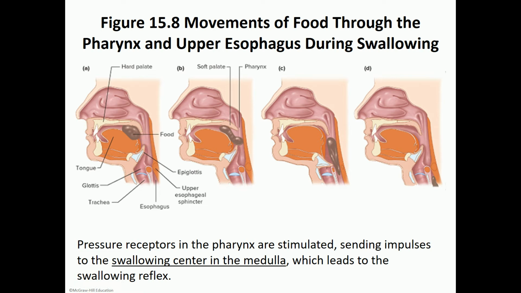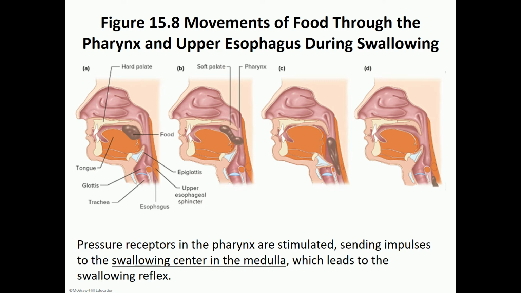That part is voluntary, but once the pressure receptors in the oropharynx are stimulated, that is going to stimulate your swallowing reflex, and everything else goes automatically. Everything else is a reflex that we really have no control over.